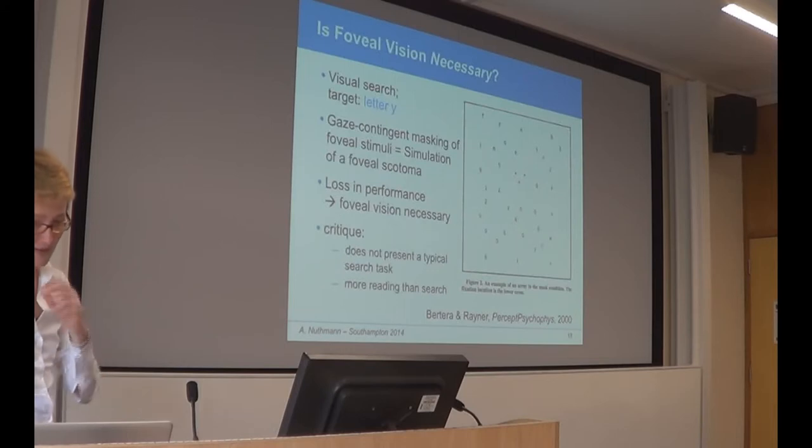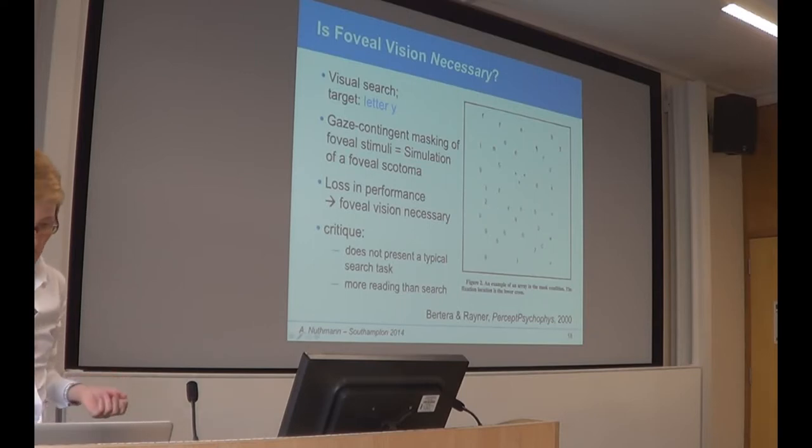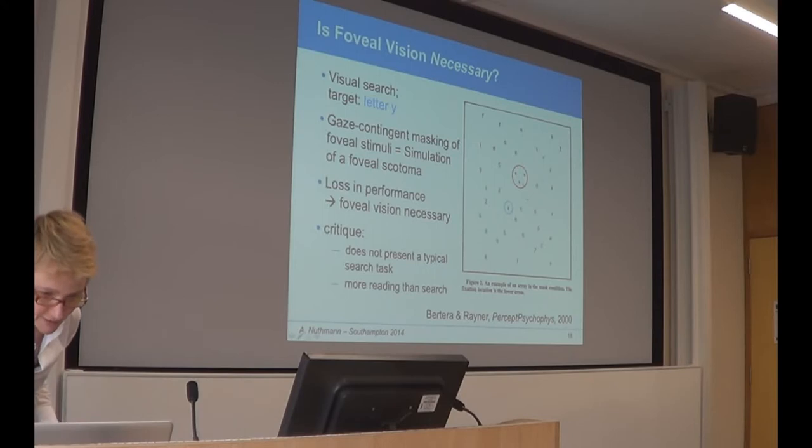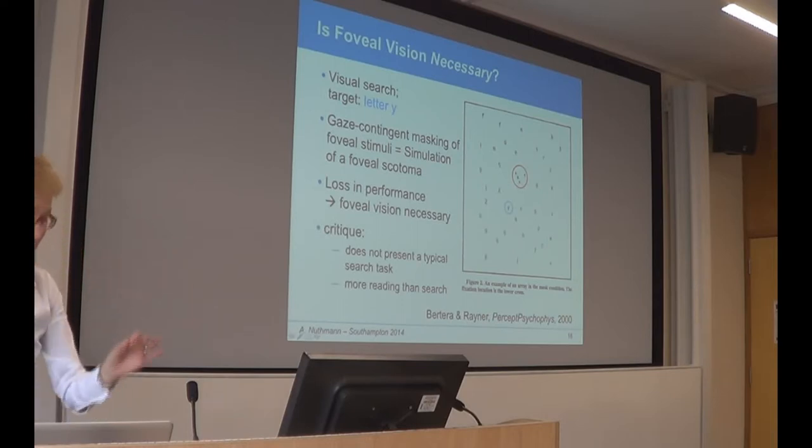To give you an example, in a well-cited study, a subject searched a display consisting of letters and numbers, and the task was to find the letter Y here. And a gaze-contingent masking technique was used to simulate a foveal scotoma, and specifically the fixated element and all characters falling within the foveal region here in red were replaced by plus signs.